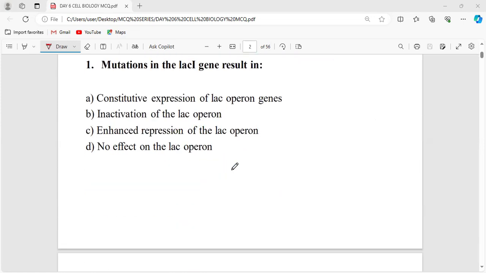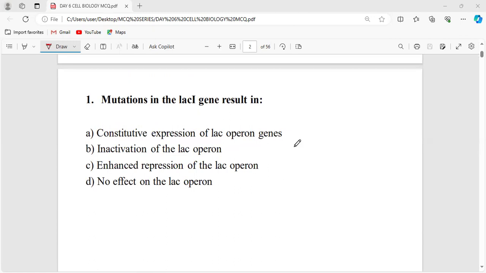Okay, we'll start. Your first question will be: a mutation in lac-I gene results in.